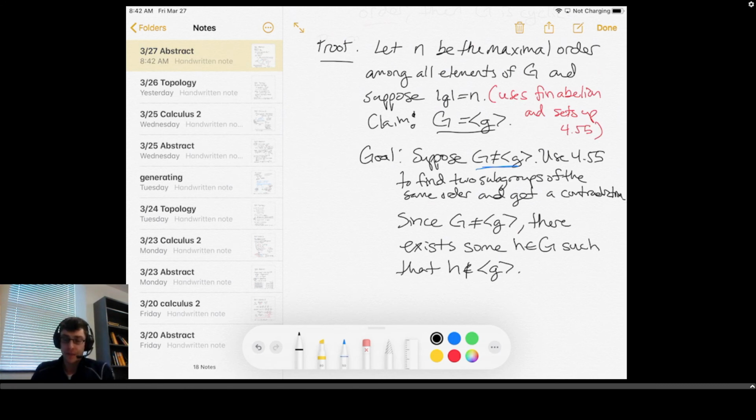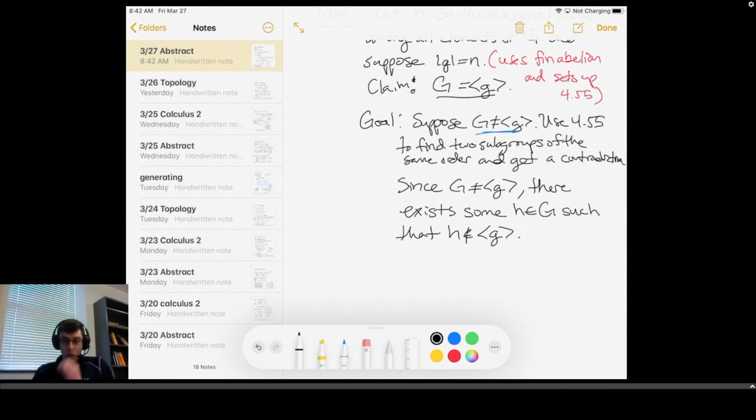What do we want to show? I should be able to know something about the order of H. By 455, the order of H, call it k, must divide n, which is the order of G, because any element's order must divide this maximal order, since we're inside a finite abelian group.